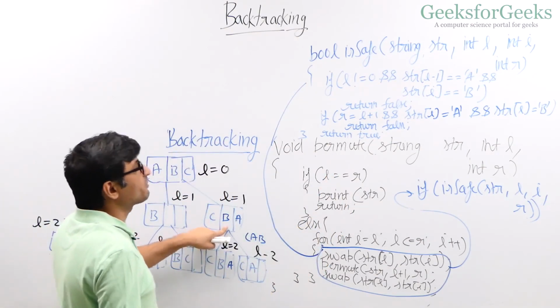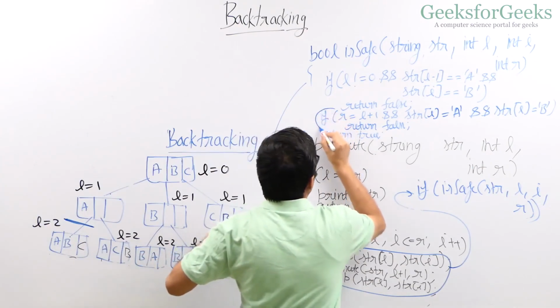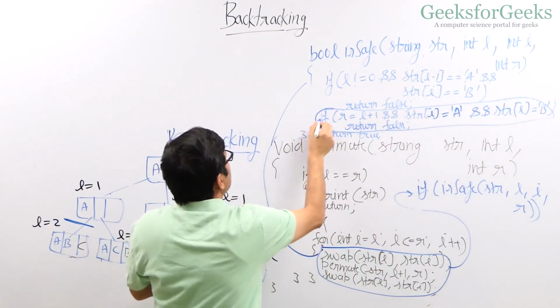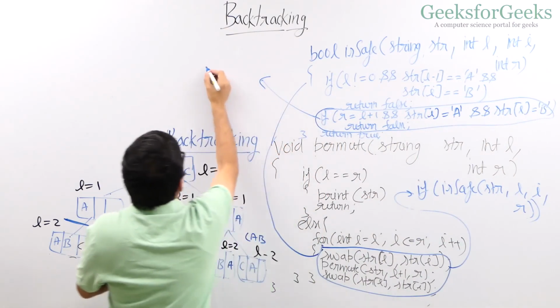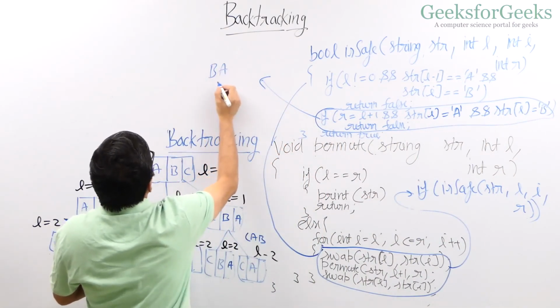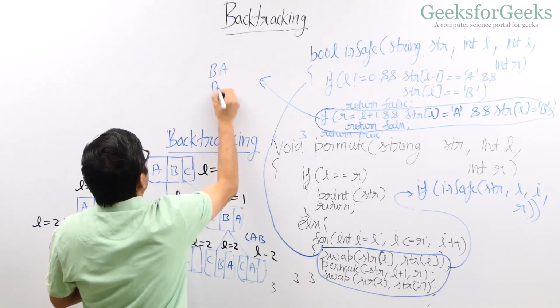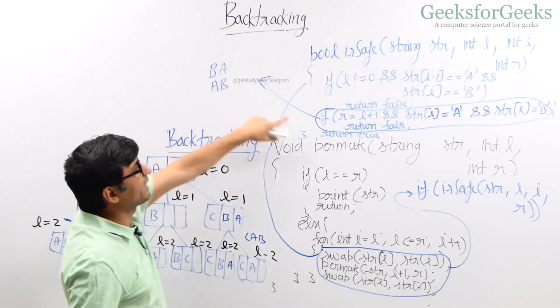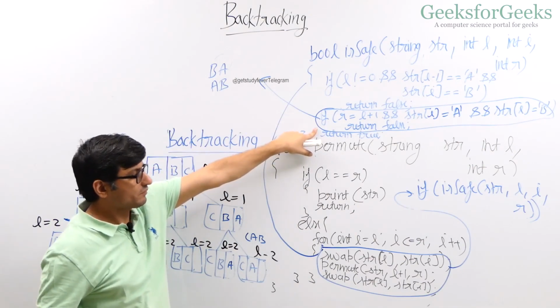So to check for this particular case, I have added this condition. This condition is there to handle cases when your string is something like BA at the end, and B and A are swapped and you get AB at the end. You don't want AB at the end. That is why we add this condition.